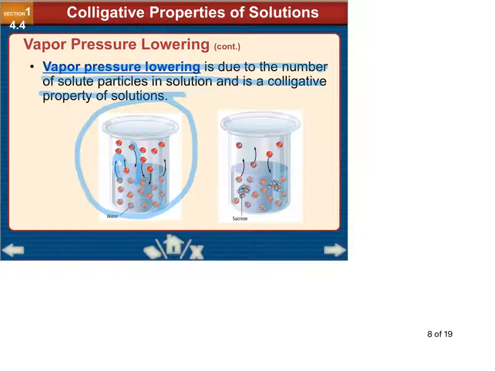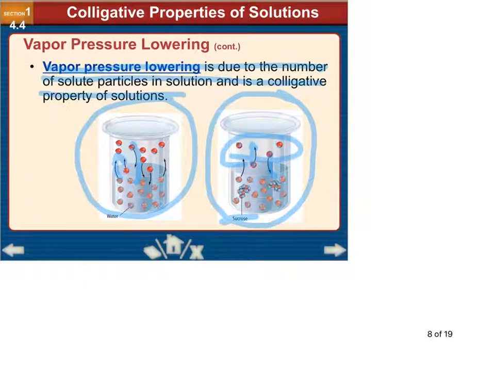But if we add a solute to it, in this case sucrose, that causes the number of particles moving out and in to be smaller: less vapor up here, less particles up here, lower vapor pressure. So the extra solute down here keeps more water in the liquid phase, less water in the vapor phase.